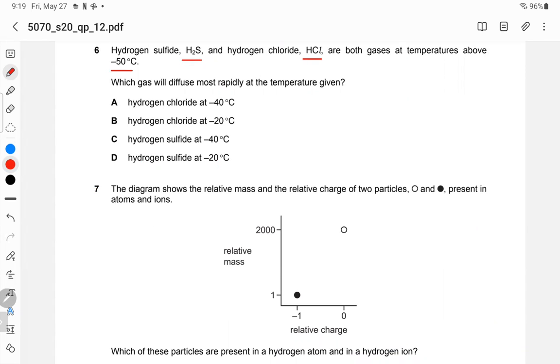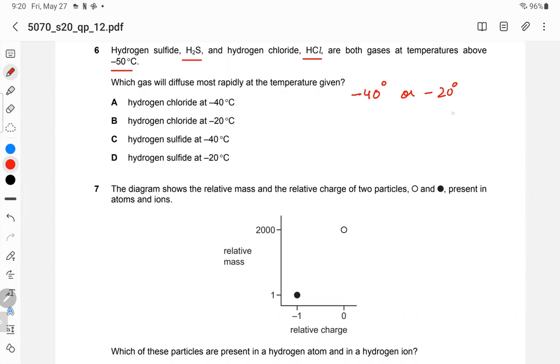So first tell me at what temperature, whether 40 or -20 degrees, the gas diffuses more rapidly? -20.